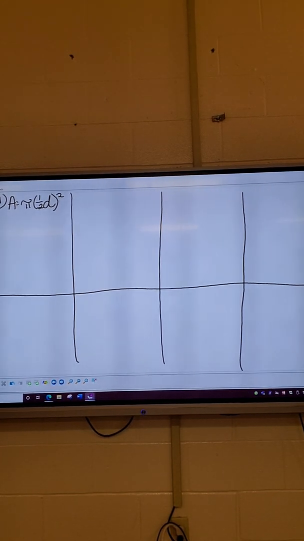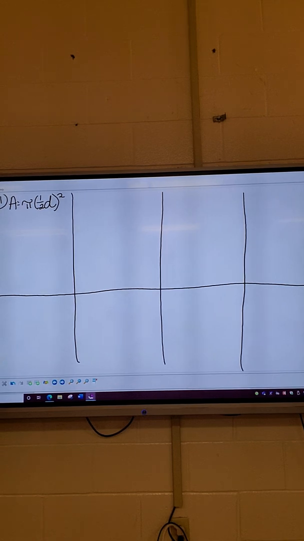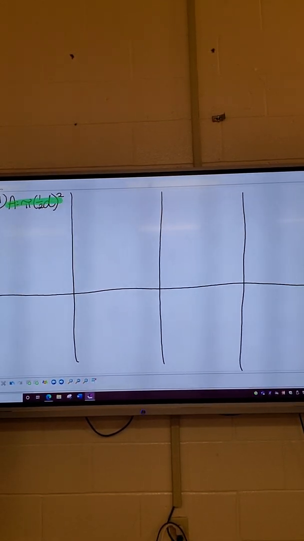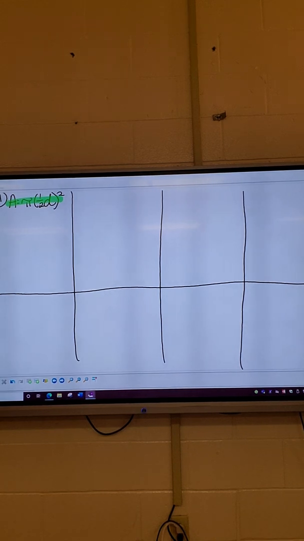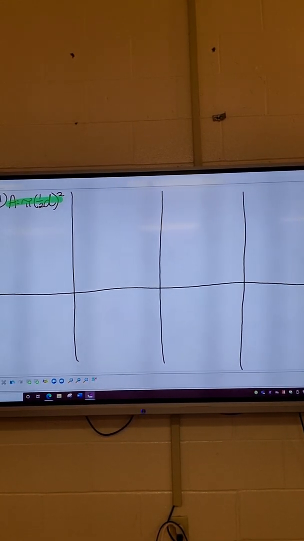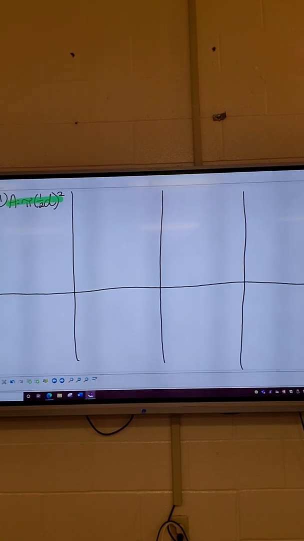So you're going to take that same color that you used to color in your circles and highlight that formula, because that formula is still going to find you the area. So Colton's circles are colored in yellow, so that same formula is yellow.